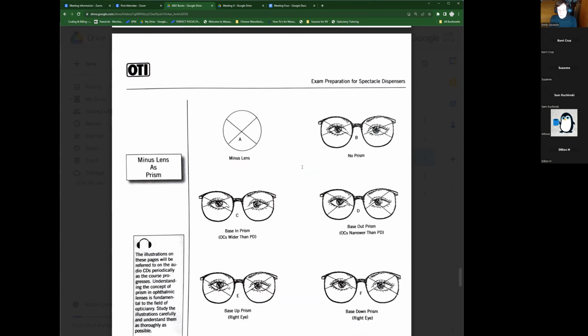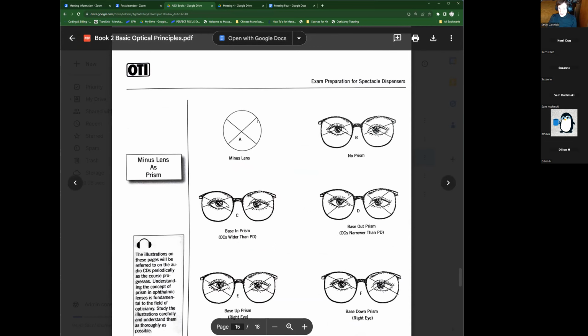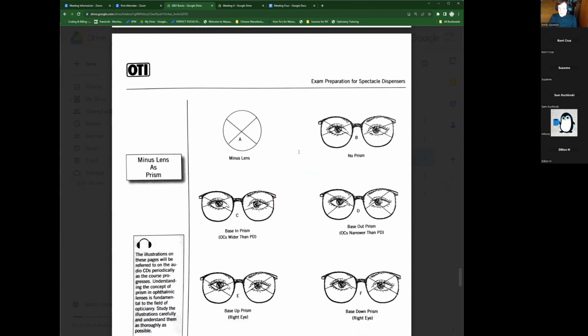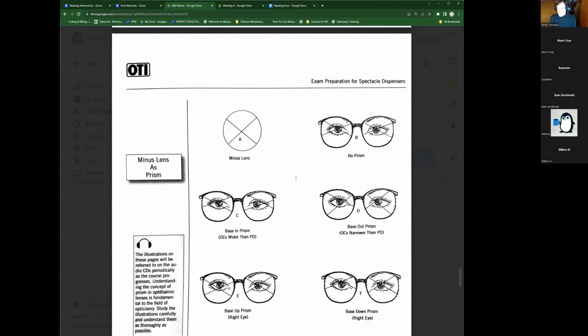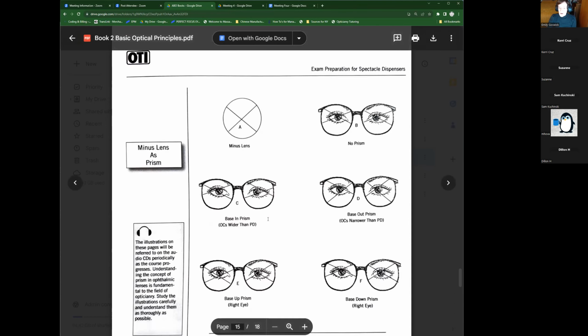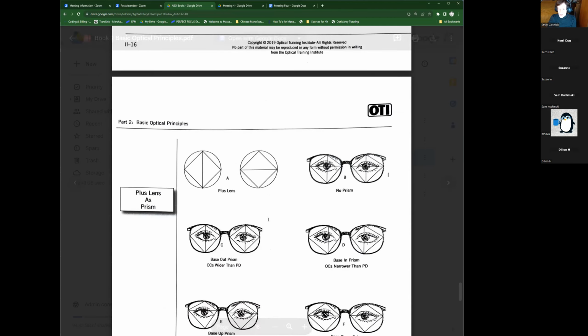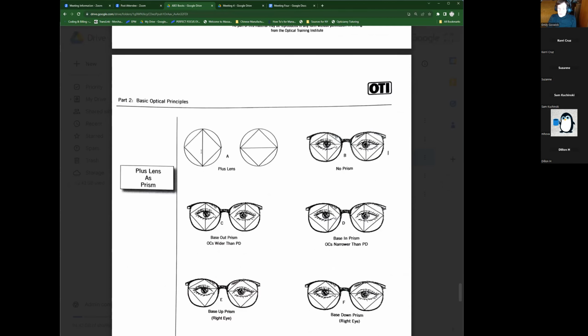This can be confusing how they draw this out, but it's really critical that you understand what this X is that goes through the lenses. Basically, if you imagine the lenses as prisms, it's showing them almost as four prisms. So minus lenses are going to have their apexes, their points, toward the center, whereas plus lenses are going to have their bases toward the center.